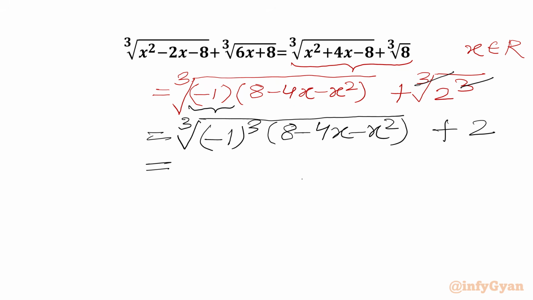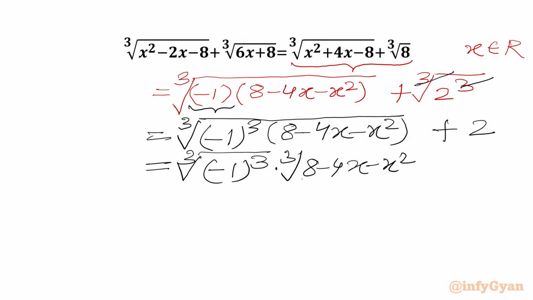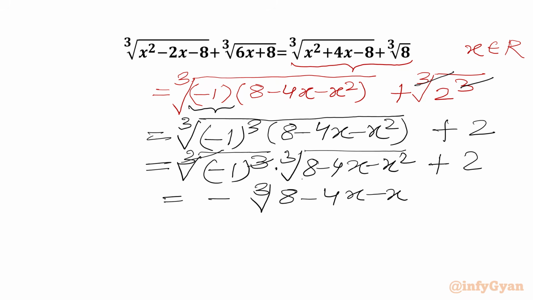Now we will split our radicand and write cube root of -1 whole cube times cube root of 8 minus 4x minus x square plus 2. Now cube root and cube will cancel here. So we will write minus cube root of 8 minus 4x minus x square plus 2.